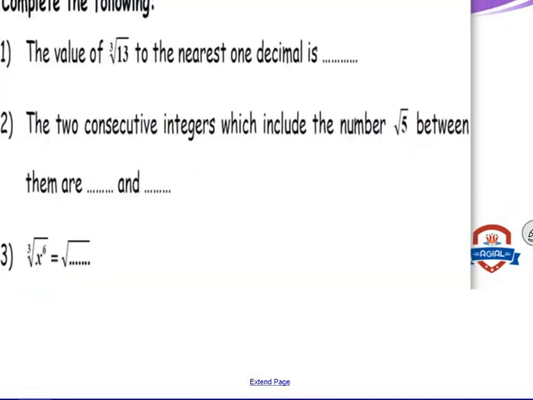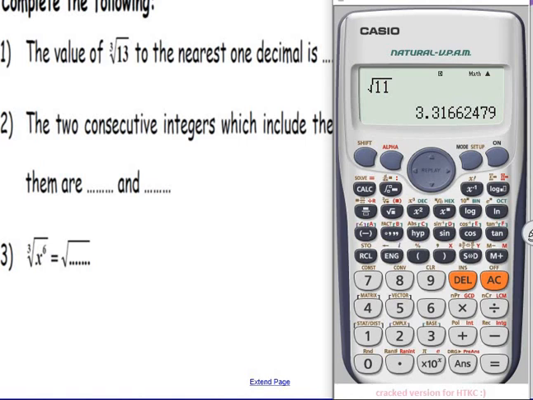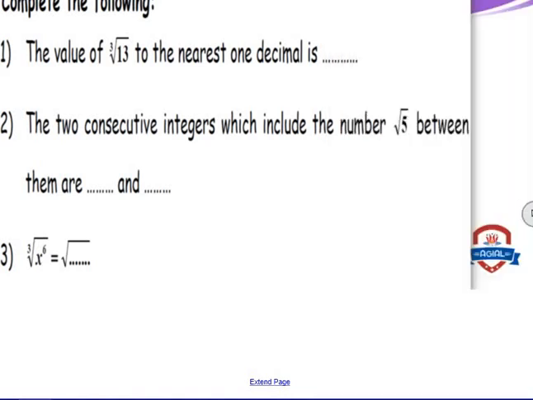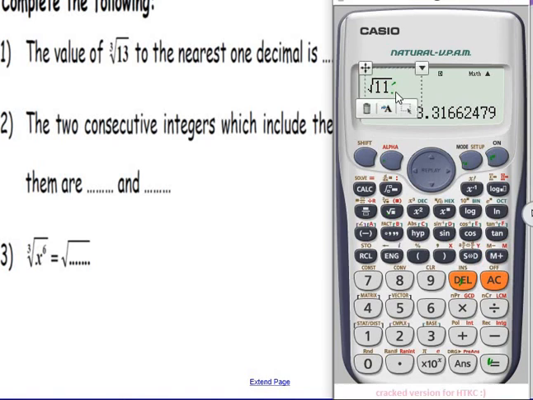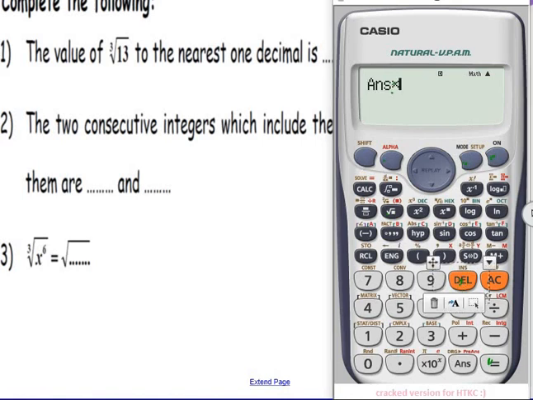Okay, the next. The value of the cube root of 13 to the nearest 1 decimal is. We will use the calculator here.